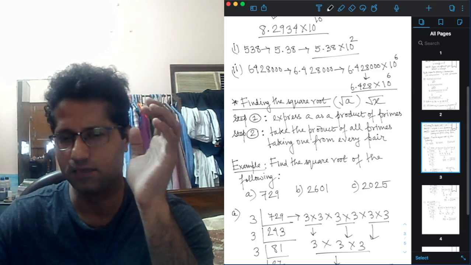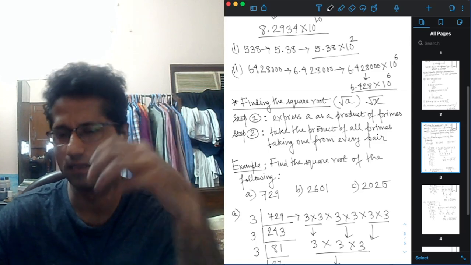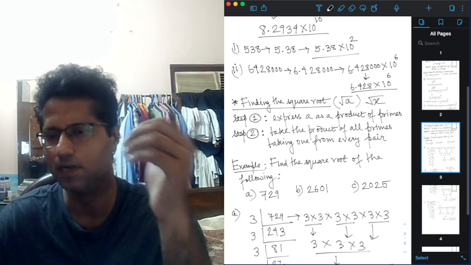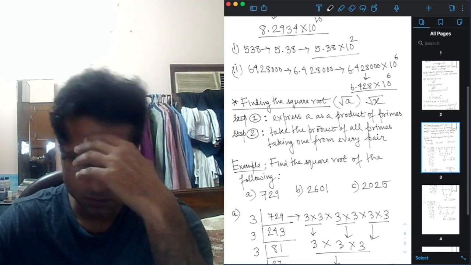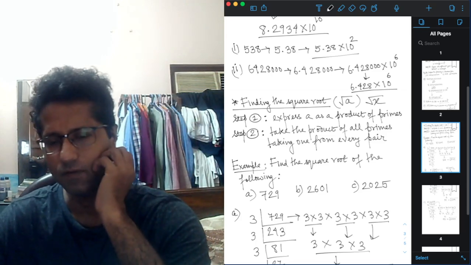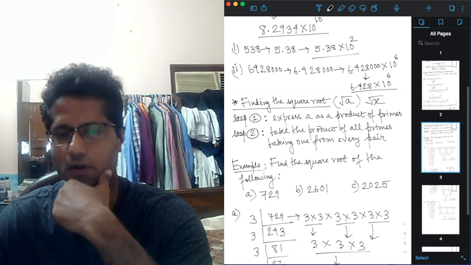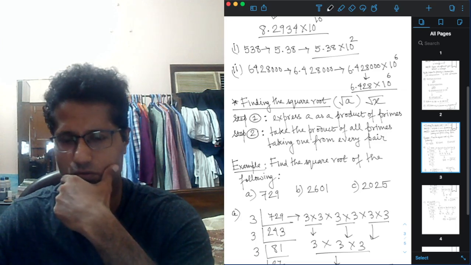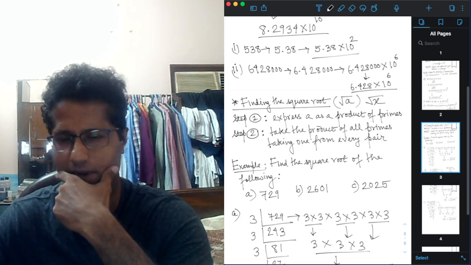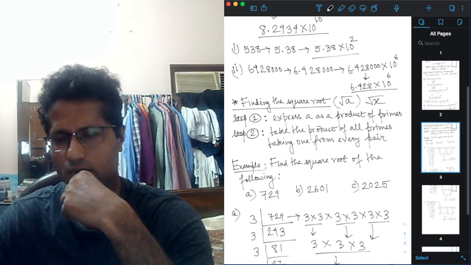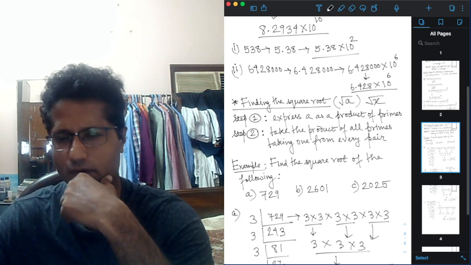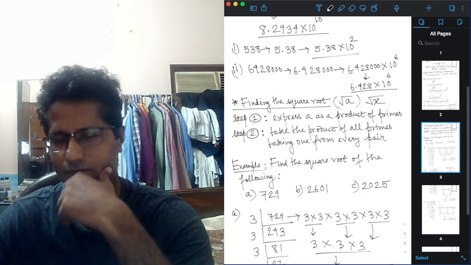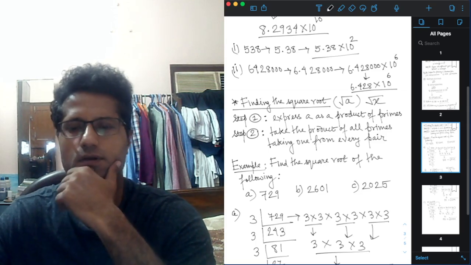A number A is said to be a perfect square if another number B exists such that B into B is A. So you express that number as a product of primes, and you take the product of all primes taking 1 from every pair. That will be the square root of the number.